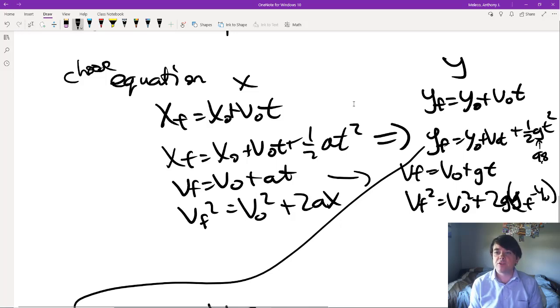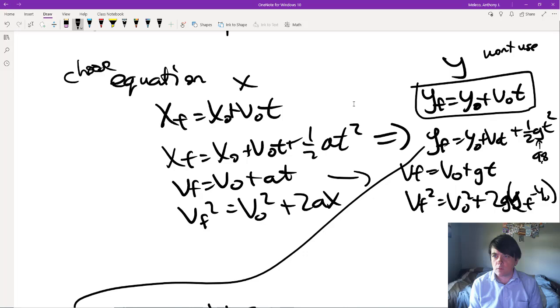Oh, one quick thing I should actually mention. This guy, we won't use unless a equals 0. So this is a special case. You really only have 3.